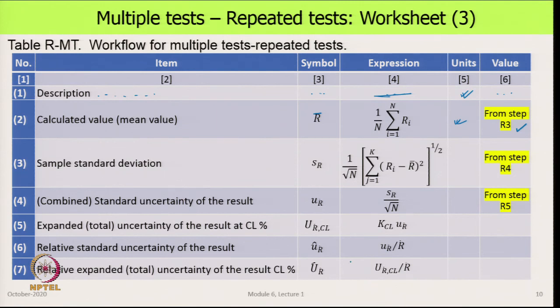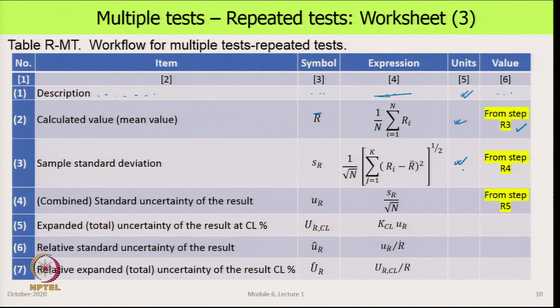Then the sample standard deviation S R, this is nothing but 1 upon square root n and the square root of all of this. Sorry, no, this is not right. Yeah, this is the standard deviation. This is what we have in statistics, 1 upon square root n, summation of all this. We can write the units.